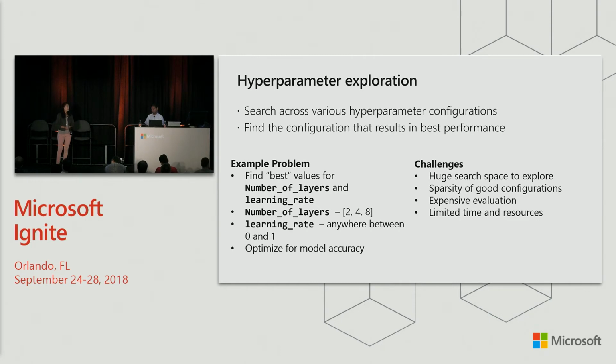And evaluating each of these configurations is quite expensive. It takes up a lot of time and resources to go through a set of hyperparameters and see how your model performed. Given that we all have limited time and resources on hand, we would want the most efficient way to find the right set of hyperparameters for our model.